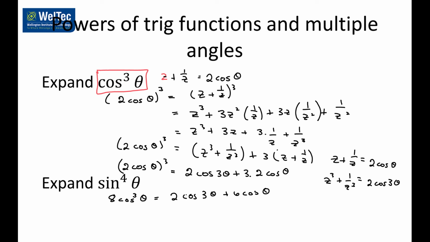Just humour me on this one. Let's just divide it by 2. So we've got 4 cos cubed theta equals cos 3 theta plus 3 cos theta. Now I'm going to divide it by 4. Just easier to see with the fractions that now cos cubed theta equals 1/4 of cos 3 theta plus 3 cos theta. And we're done.